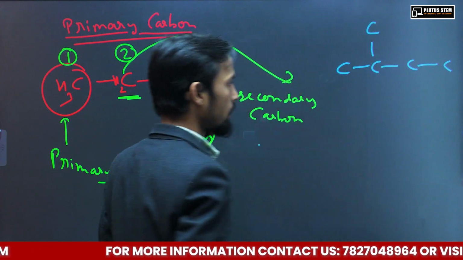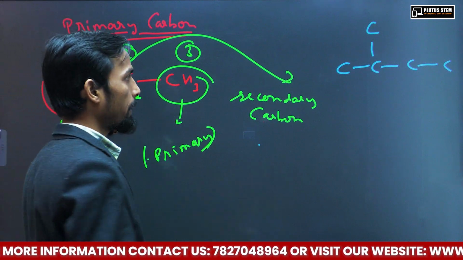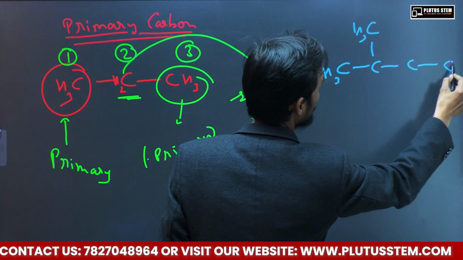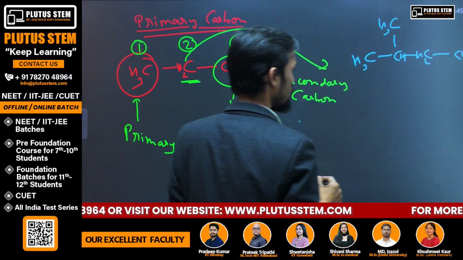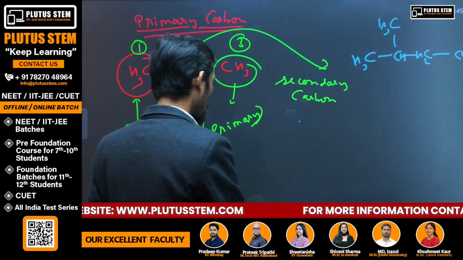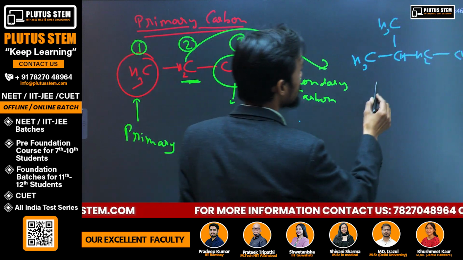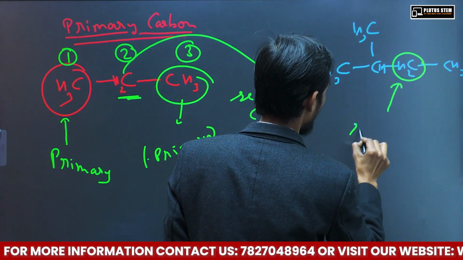I am omitting the hydrogens here, but you can place them like this: 3 hydrogen, 3 hydrogen, 3 hydrogen, 2 hydrogen, and 1 hydrogen. This is how we attach the hydrogens at these different carbons. This carbon, if you see, is a secondary carbon.